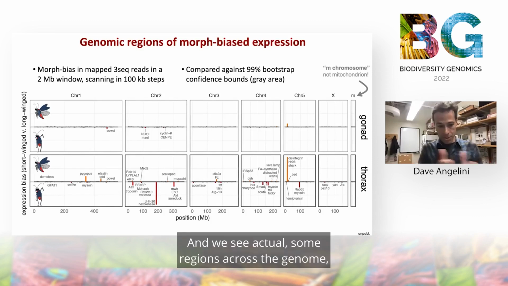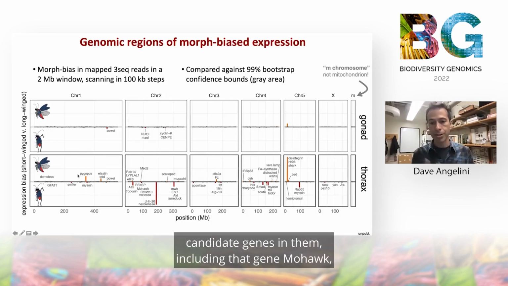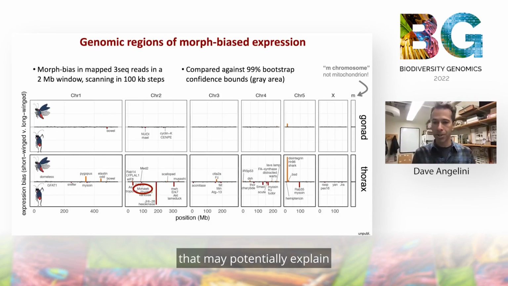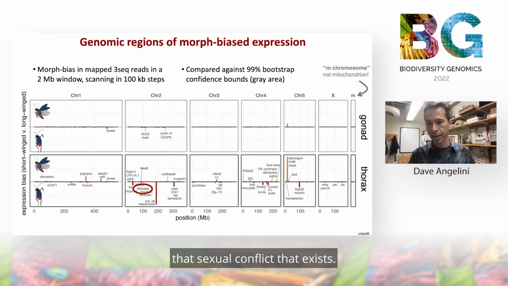And we see some regions across the genome that have this bias and some interesting candidate genes in them, including that gene mohawk, which is, again, a really interesting candidate that may potentially explain the male reduced fertility in short-winged bugs, that sexual conflict that exists. So really interested to follow up on that.